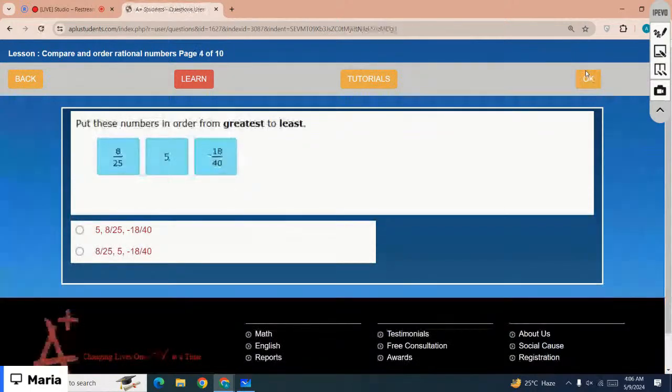Okay, put these numbers in order from greatest to least. So, which is the correct option, 1 or 2?